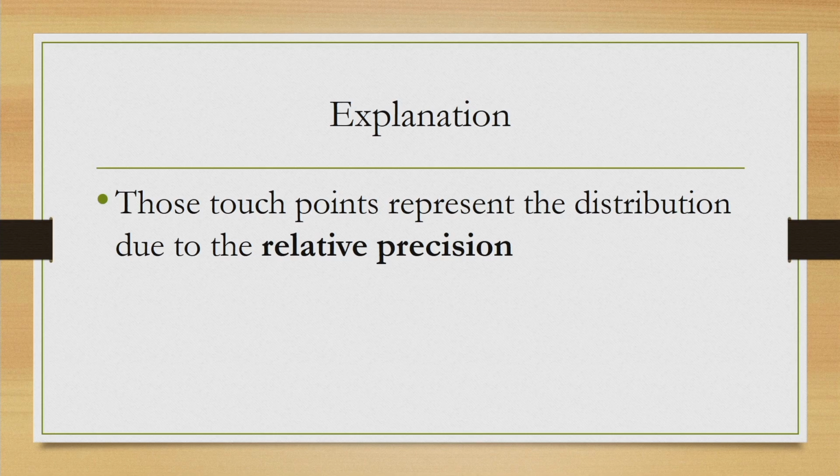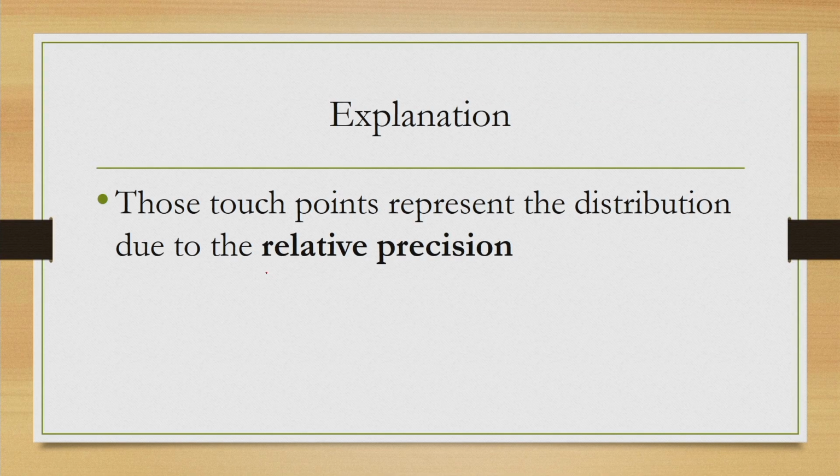Now, these touch points which lie outside the target and which happened because you are told to balance the trade-off, these points are due to relative precision. So, the distribution that you will get of the points outside the target represents the distribution due to the relative precision of the finger.